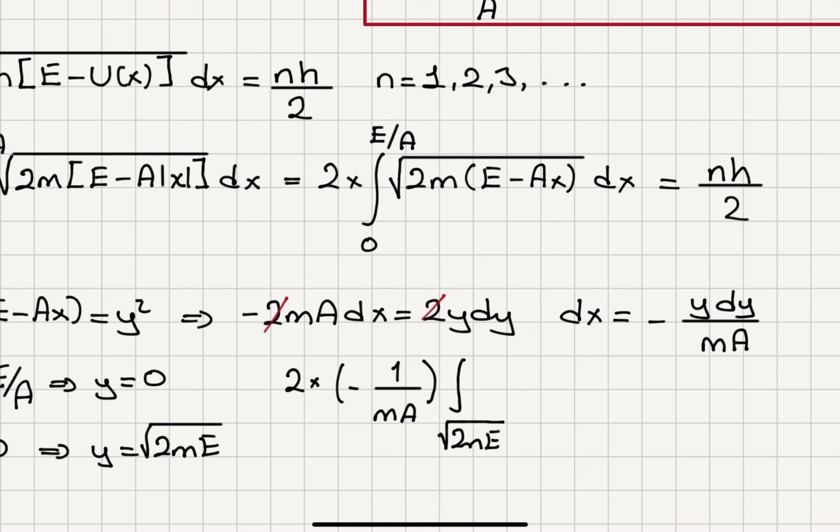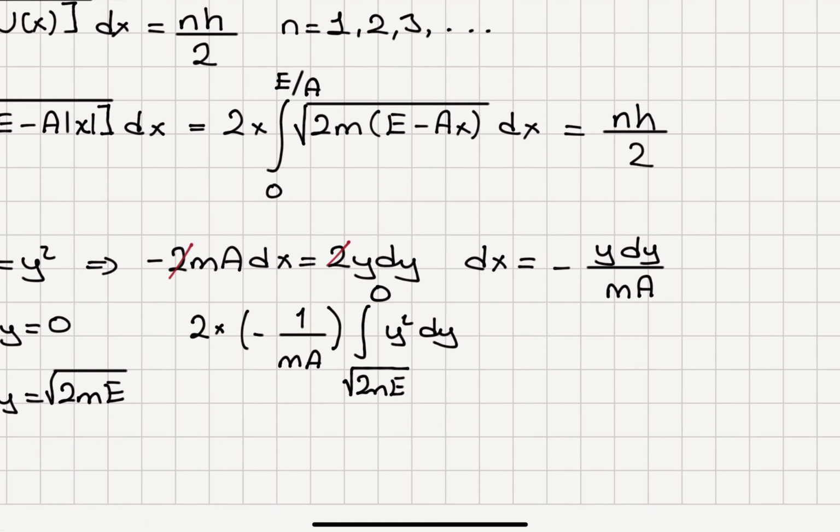When x is equal to E over A, y is equal to 0, y squared dy. This is rather simple. It is 2 over mA times y cubed over 3, and the minus sign changes the order so that I have 0 to the square root of 2mE. So I've operated the minus sign on the integration limits, changed the order.